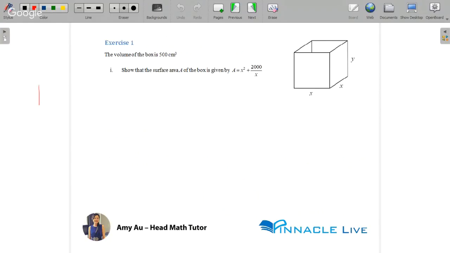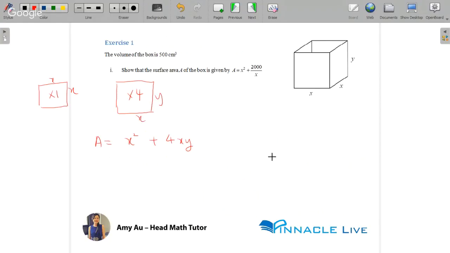The bottom side is an x by x square, and then each of the four sides is an x by y rectangle. So we've got 1 of this and 4 of this. The surface area will simply be x squared plus 4xy.